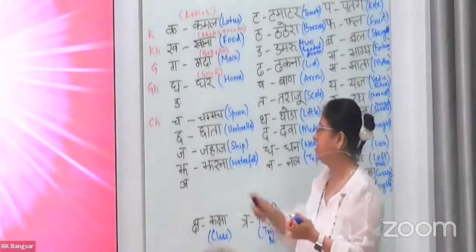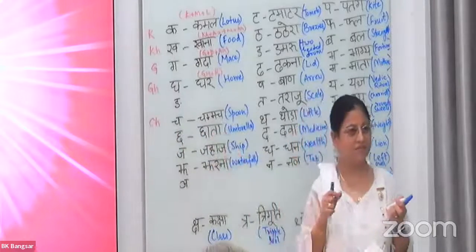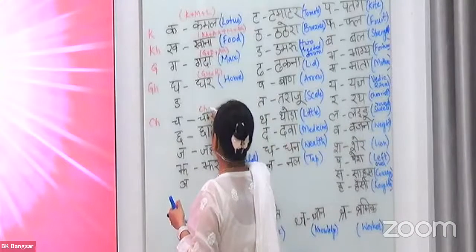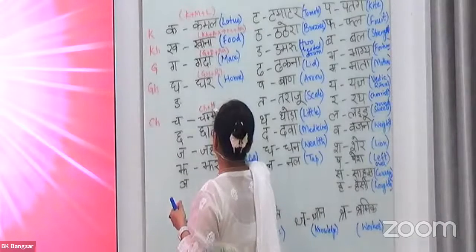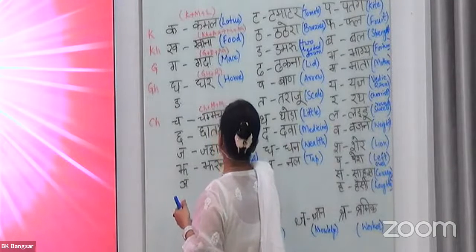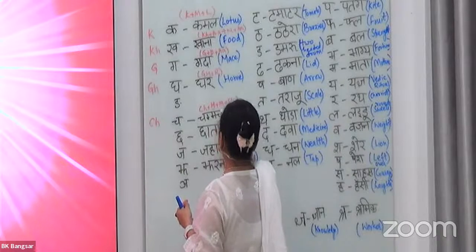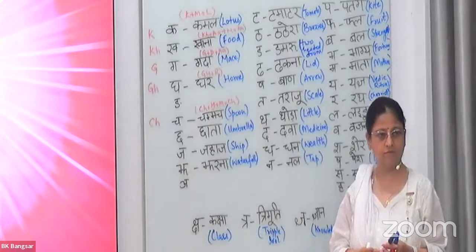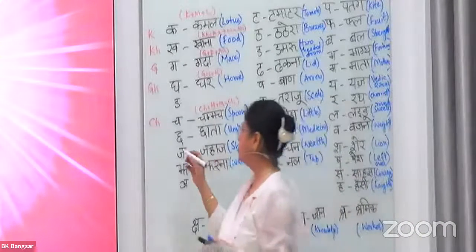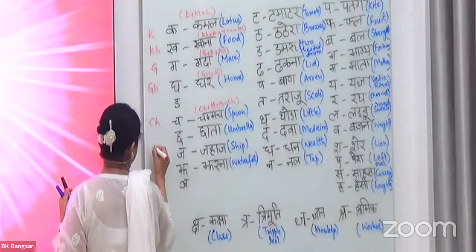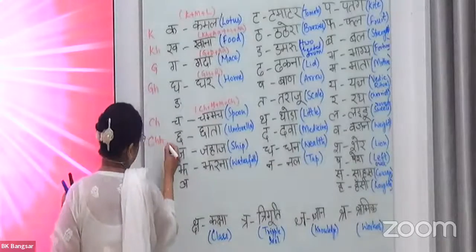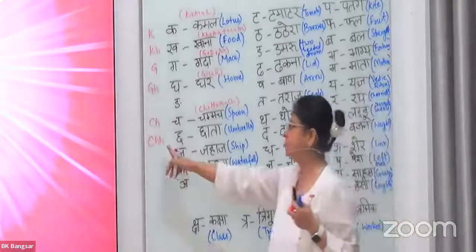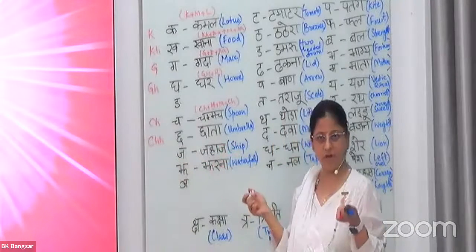Okay. This is ch. Ch is chammach, the spoon with which we eat. So we say cham, half m, then full m, and again chammach. Okay. Then chata, ch, then ch, extra h, chata, umbrella.